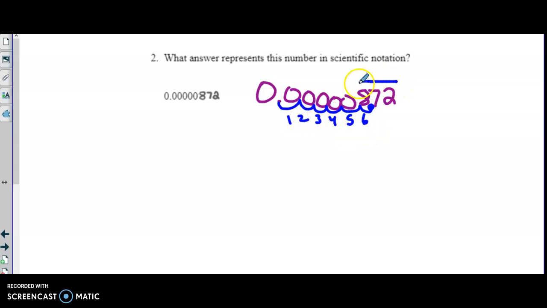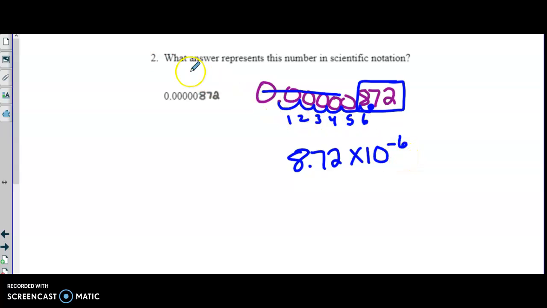So when I rewrite it, I'm just going to write the number part. I'm going to cut off all the zeros. So I'm going to write 8.72 times 10. And since this is a really, really small number, we're going to do it times 10 to the negative 6. Now there's lots of rules for if you move right or if you move left.